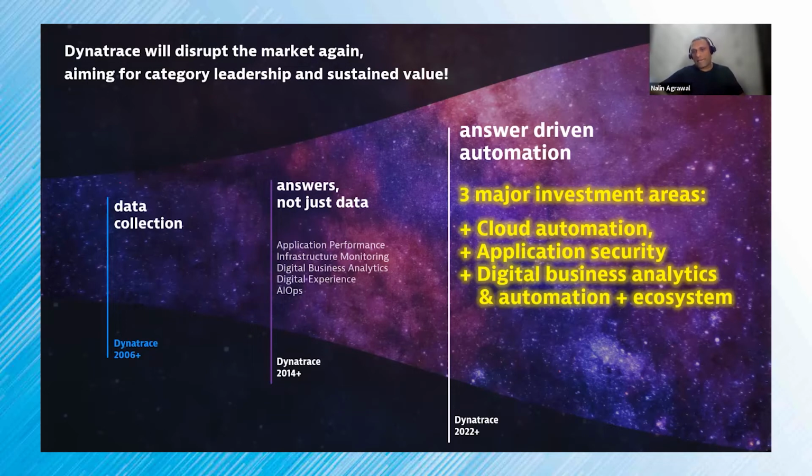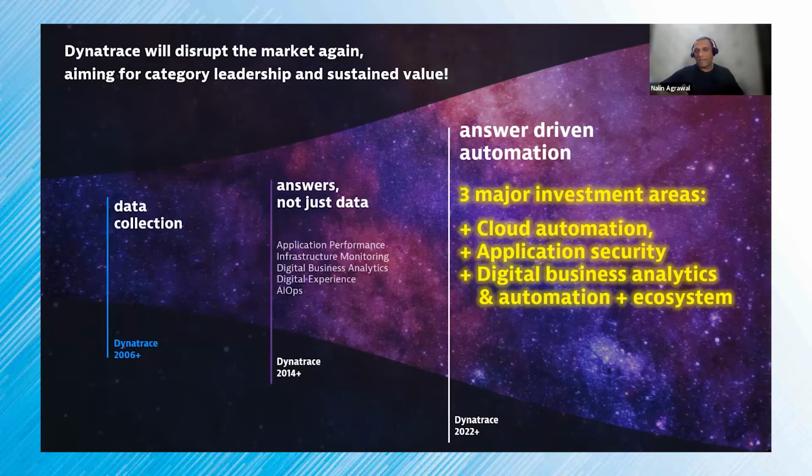Moving further, in 2022, just having the answers is not enough, but we need automation. The reason is that applications have become very complex, and the underlying infrastructure is very complex. It's not just sitting in one data center, but you have data centers around the world.